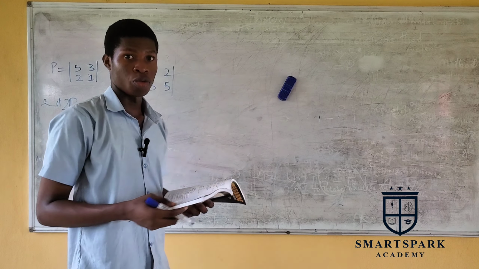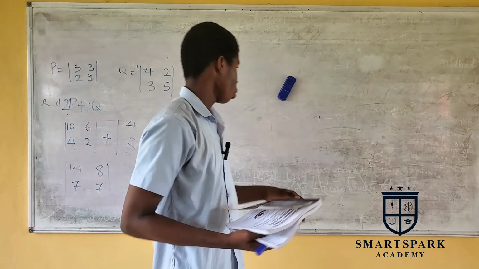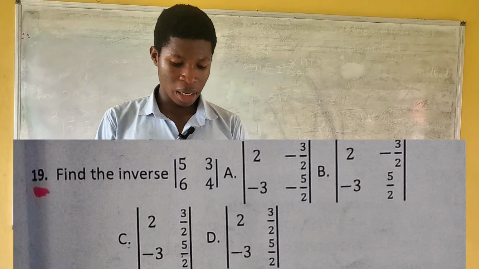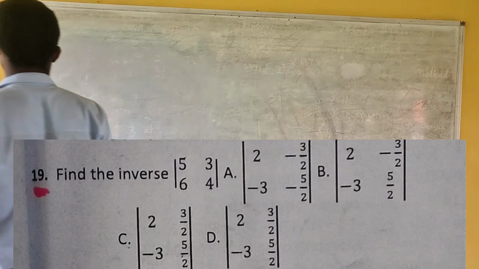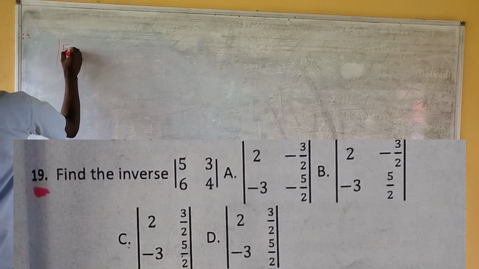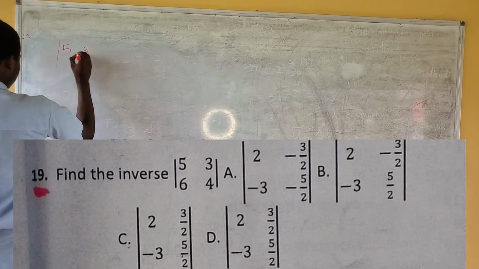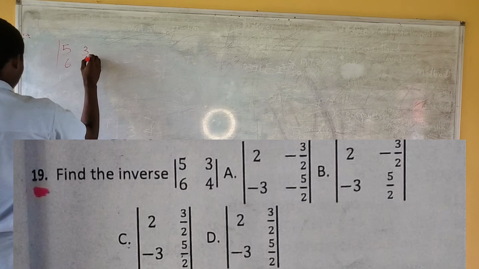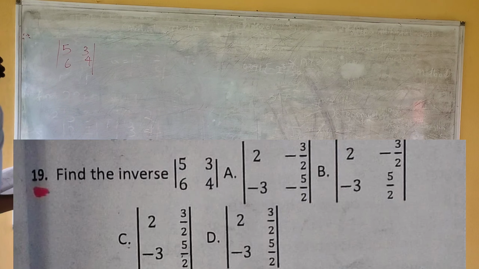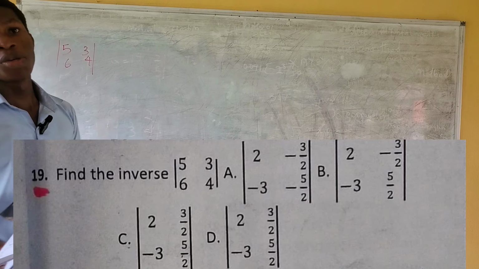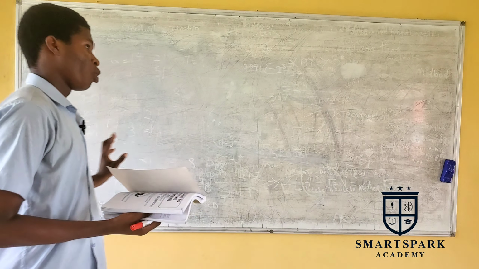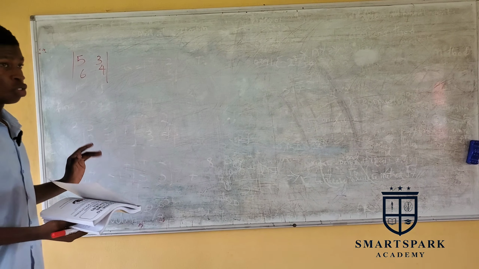We'll be moving on to question 19. Question 19 says find the inverse of this matrix. It's a 2 by 2 matrix. So we are given 5, 3, 6, and 4. And the determinant, we are going to invert it, and we are going to multiply by the adjoint.